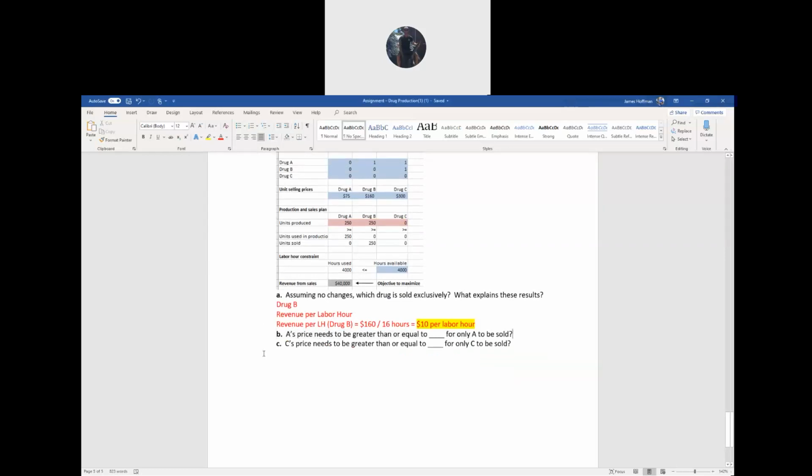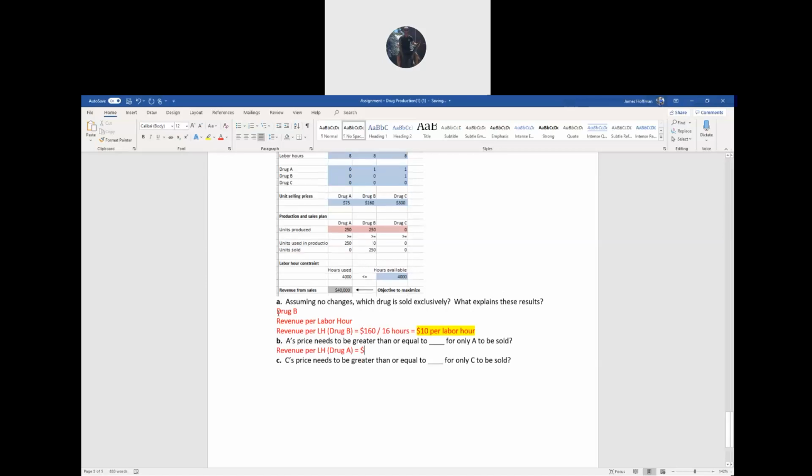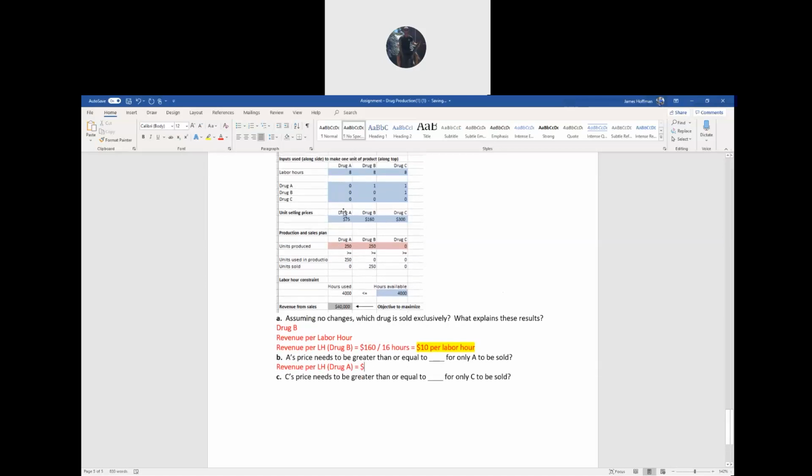All right. Okay, what about drug A? Let's see what that has to go to be comparable. Let's first get the revenue per labor hour that is currently happening for drug A. Okay, drug A's price is 75.